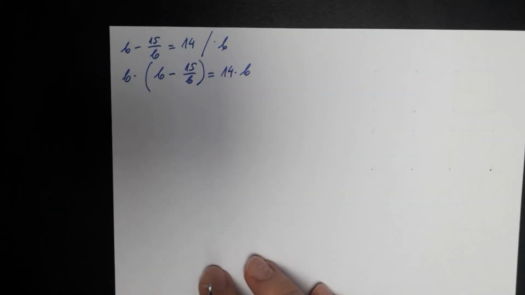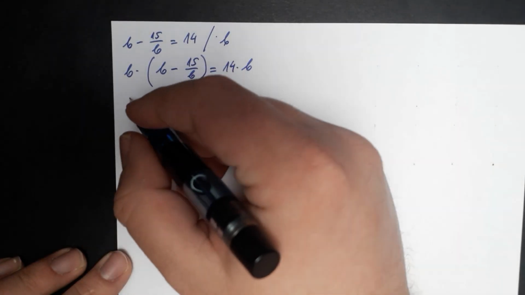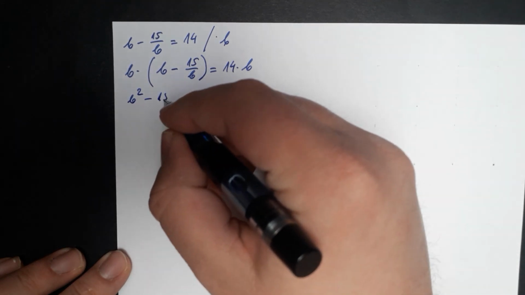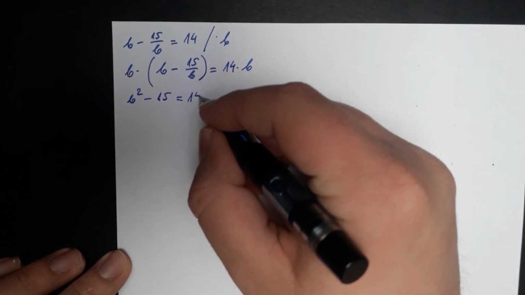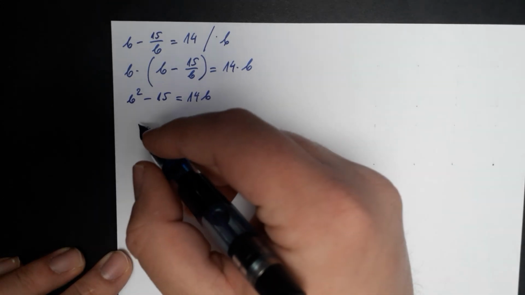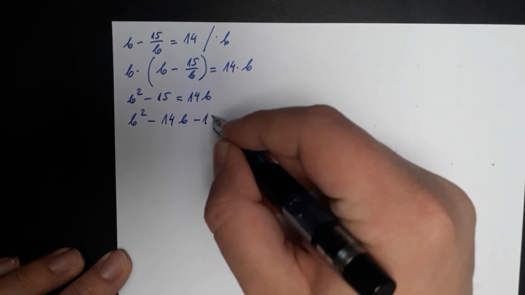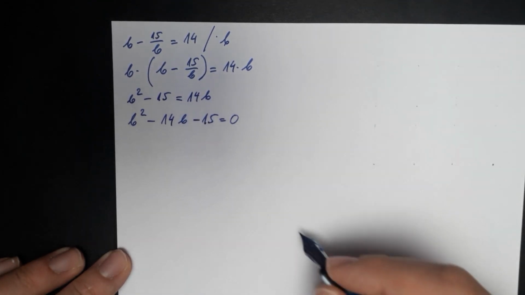By multiplying b with every element which is inside of the brackets, we get that b squared minus 15 is equal to 14b, which is finally going to give us an equation b squared minus 14b minus 15 is equal to 0.